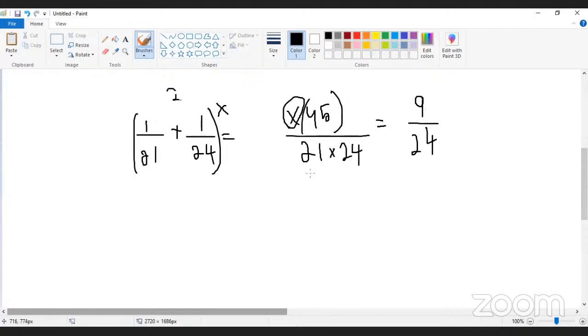If I say 9/24 is the completed work at the last, what was the work completed before? That means 1 minus.